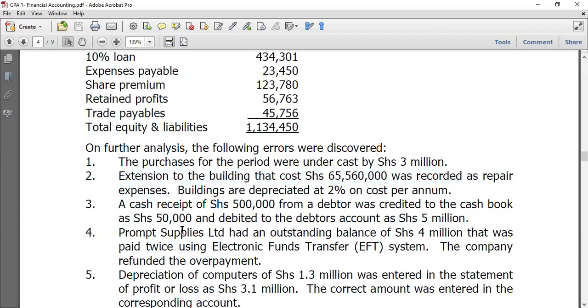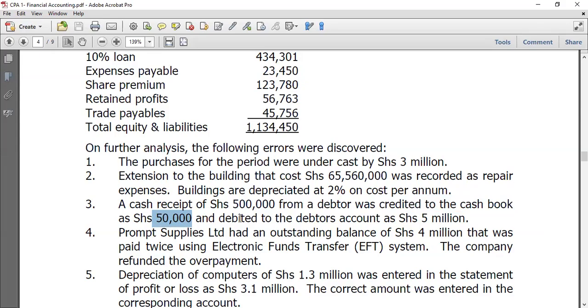So we proceed. They come here and tell us that a cash receipt, which is one of those source documents, from a debtor was credited to the cash book as 50,000. Okay, I think you can see.